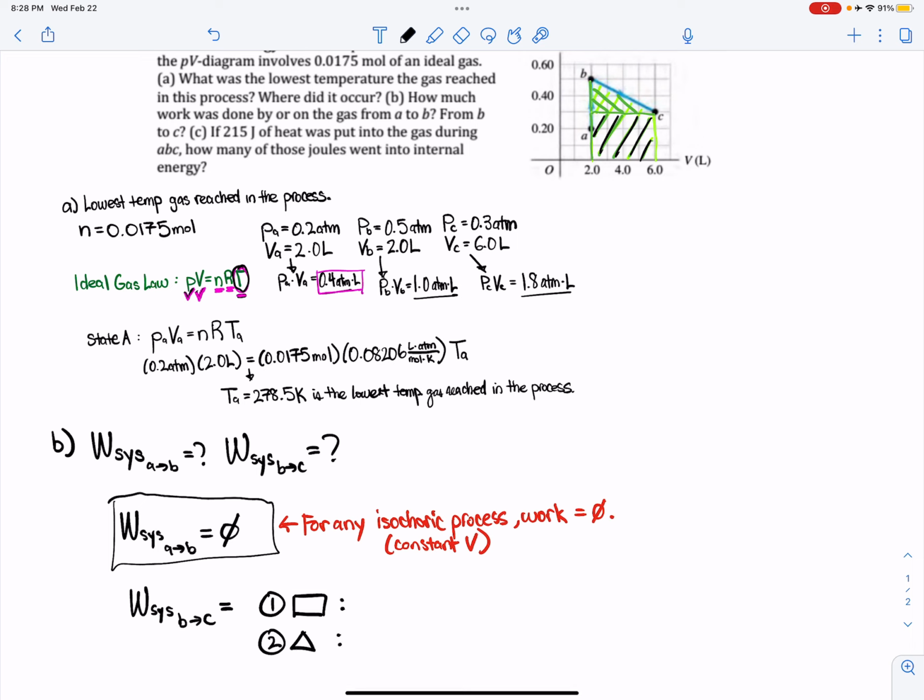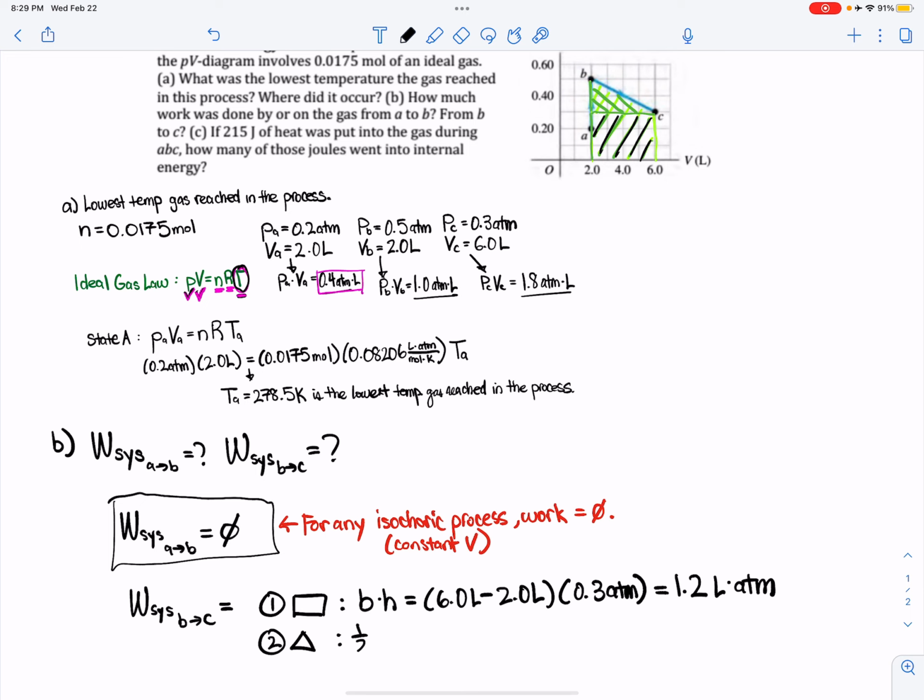For the rectangle, we have base times height, which is equal to the base, 6.0 liters minus 2.0 liters, times height, a height of 0.3 ATM. So that is equal to 1.2 liters times ATM.